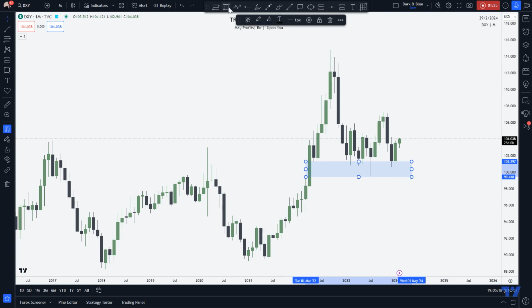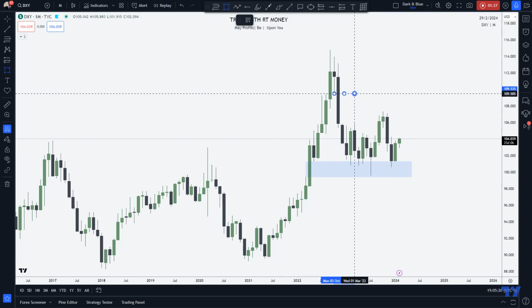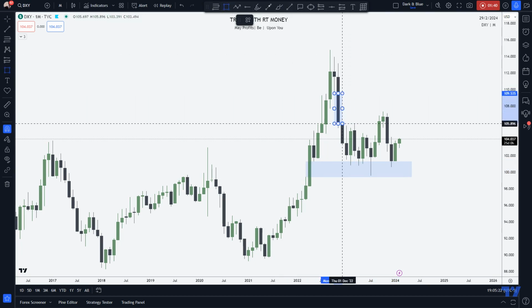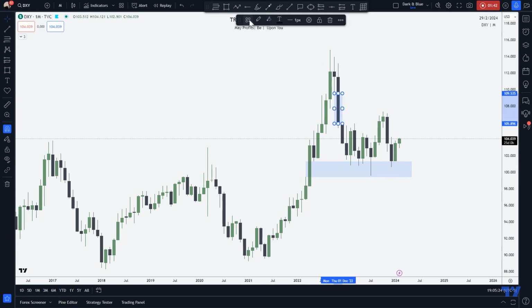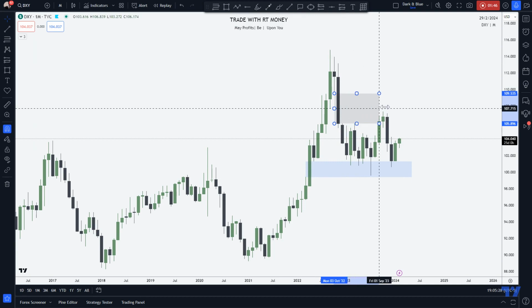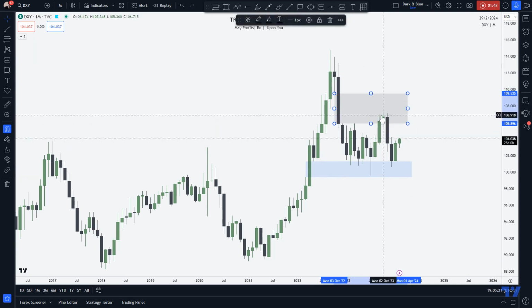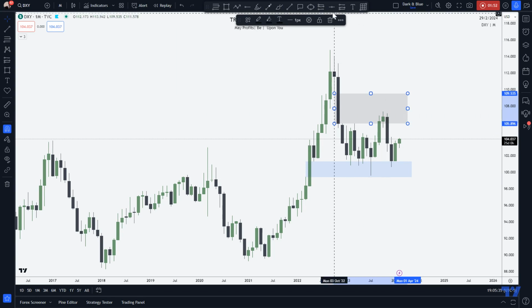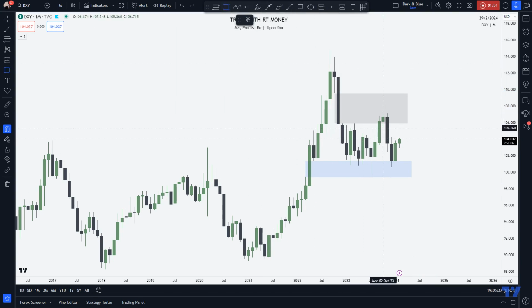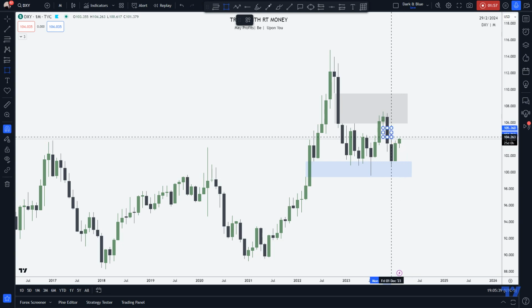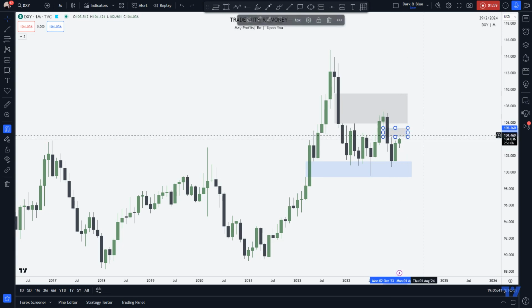Now, also take note that there was a bearish fair value gap here, and price came tapping up into that, running up into that and respected it, also forming another bearish fair value gap right here. These are imbalances, folks.